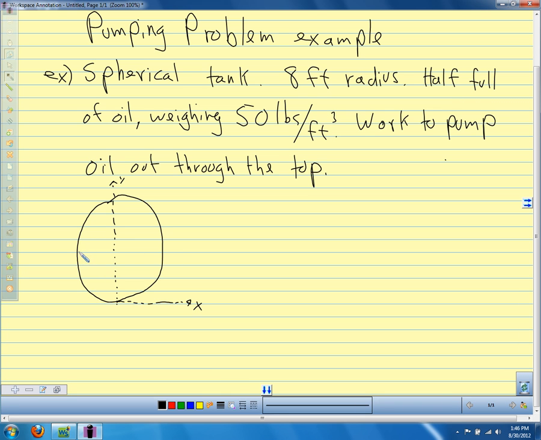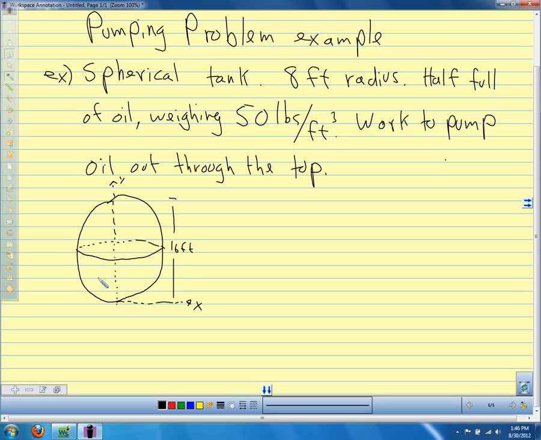And the oil, it's half full. So here's the level of the oil. The radius of our tank is 8 feet, so from the top to the bottom is going to be 16 feet.